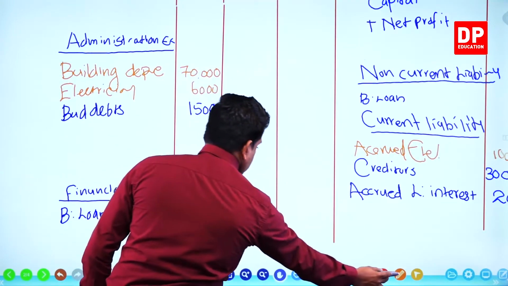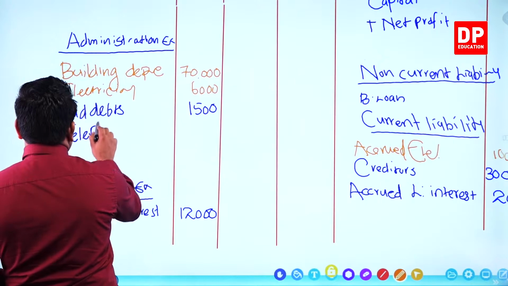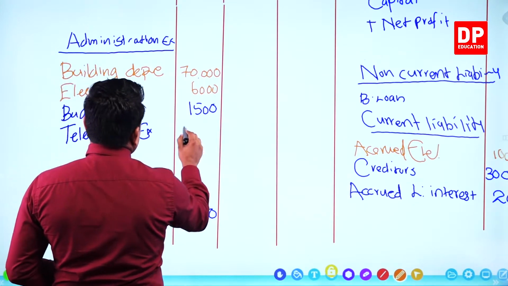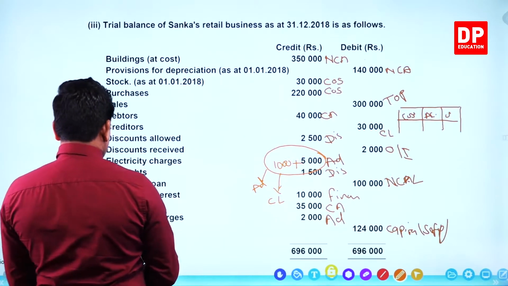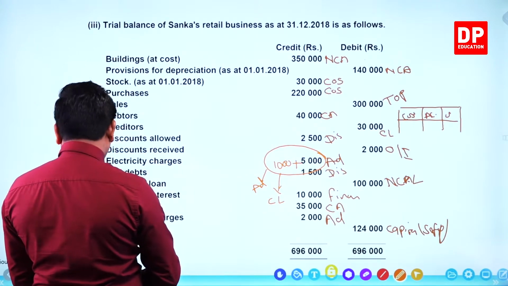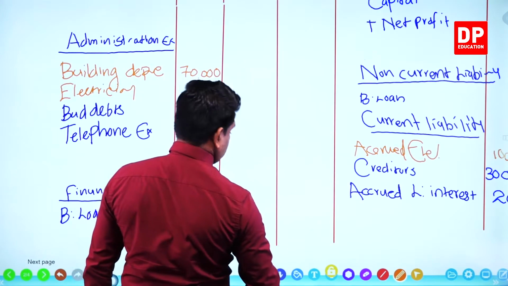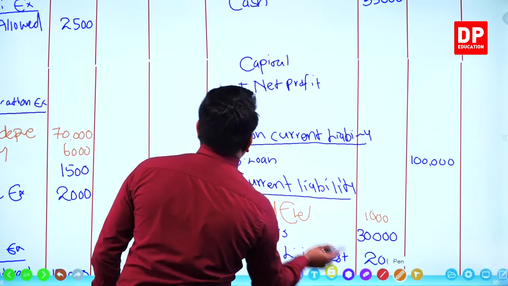Telephone charges 2,000. Just one more. Capital 124,000.